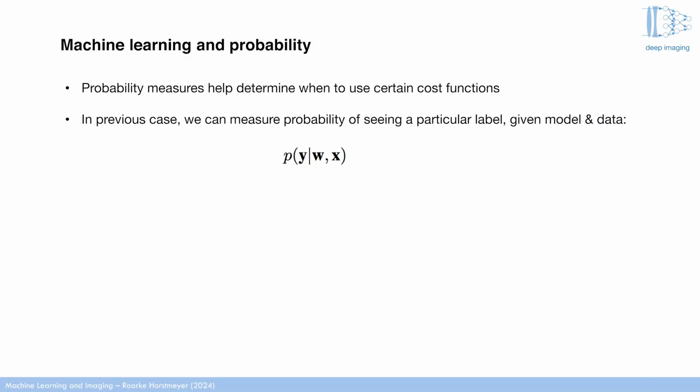Probabilistic analysis of machine learning methods is really common. If you read papers for different machine learning procedures, they often use these expressions of probability to help motivate and or define their approaches. So in the rest of this lecture, we're going to use these as tools to help us understand the cost functions we've used, mean squared error, what that means.